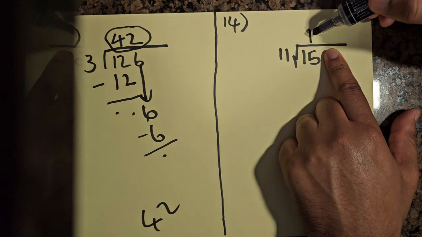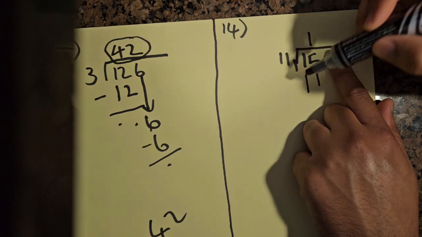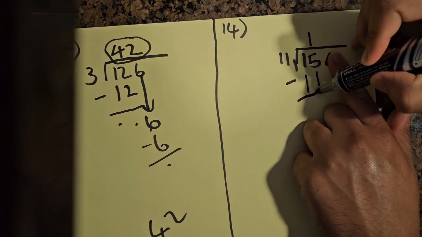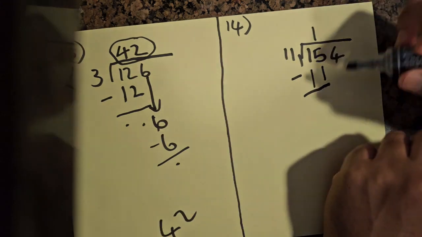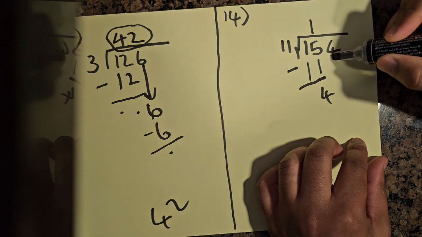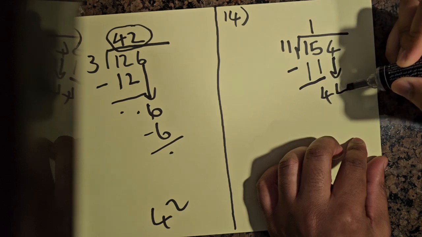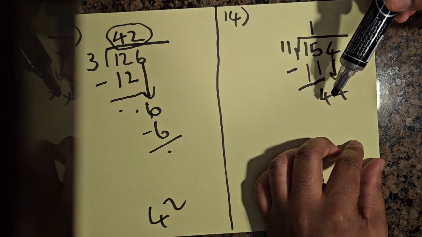Then we're going to say 1 times 11 is equal to 11. And then we're going to subtract. Okay, so 15 minus 11 gives us 4. But don't forget that we still have another 4 on the top here. So we're going to bring this down, put it next to this one. Now we need to check how many times does 11 go into 44.